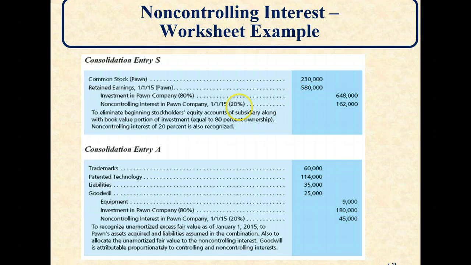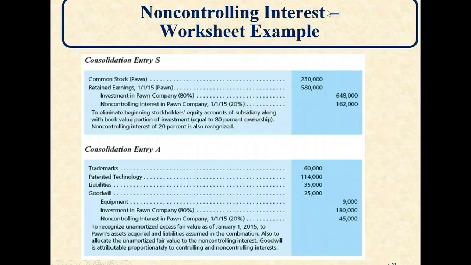Then we're going to take 80% to wipe out our investment in Pawn, and the non-controlling interest of Pawn, 20%, we're going to allocate in our equity section for the non-controlling interest on the consolidated financial statements.